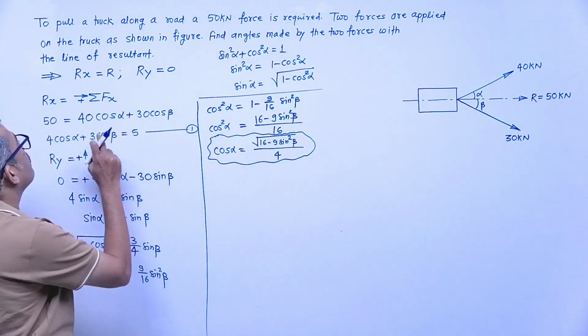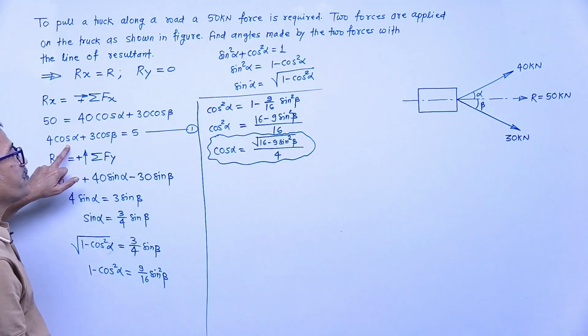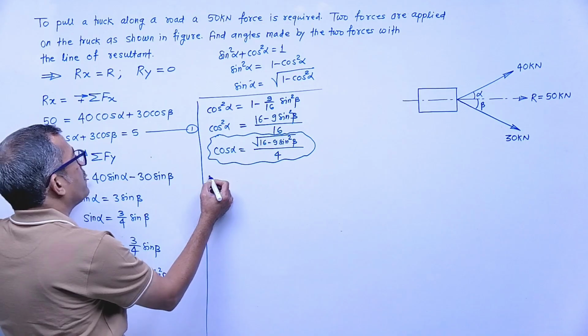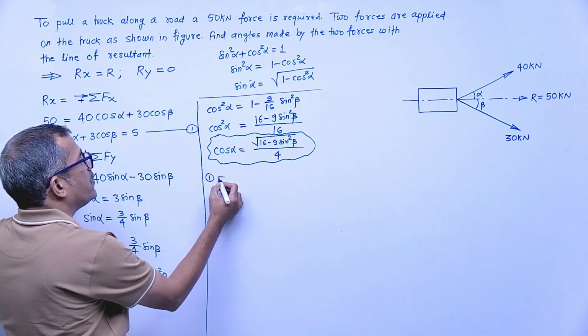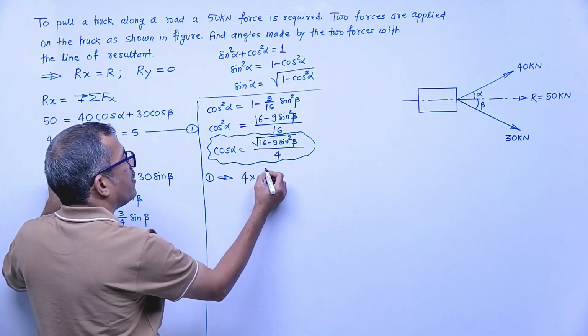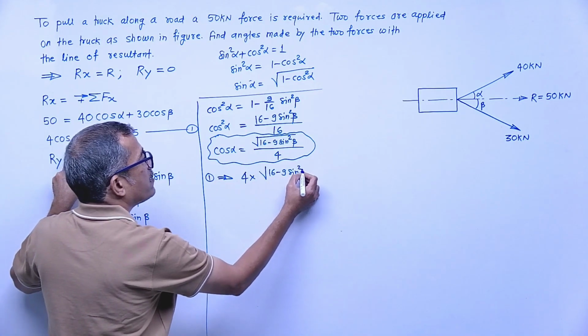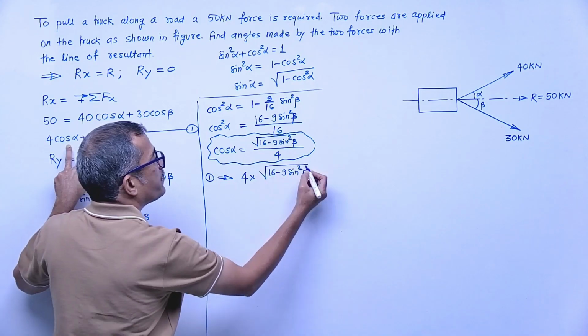Now this cos alpha we will substitute in equation 1, not equation 5, equation 1. 4 cos alpha is what? Root of 16 minus 9 sin square beta upon 4.